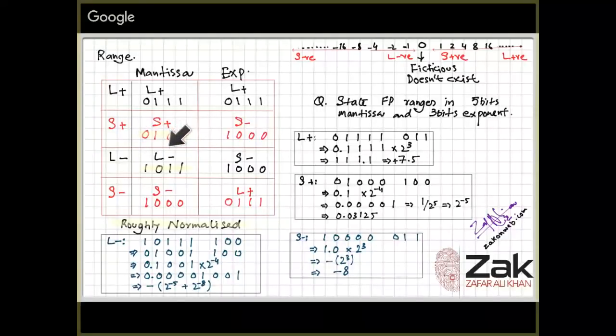So for all those rough reasons, I would only say that try to memorize this. This is roughly normalized. These two. In order to have the largest negative, which is the smallest magnitude number, you have to have all these ones, because putting all these ones would not make it normalized.